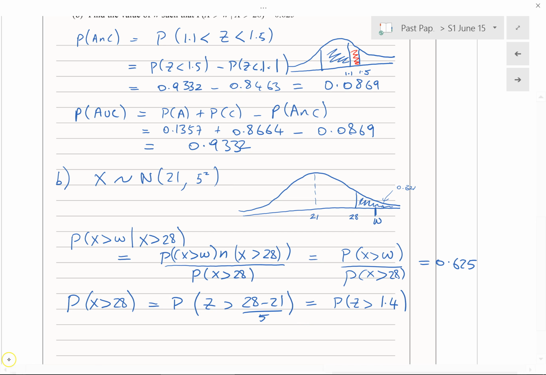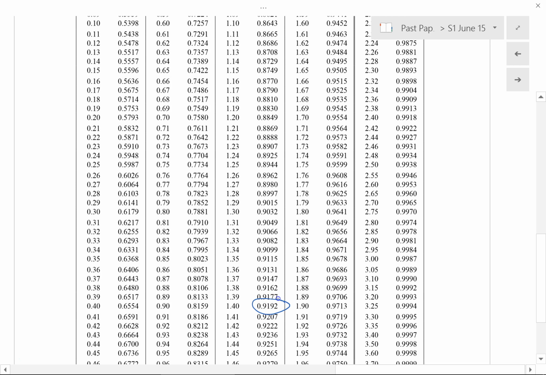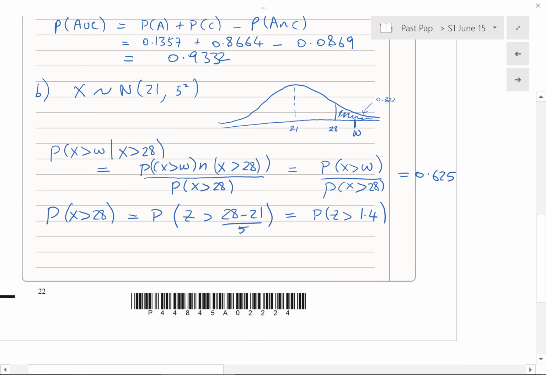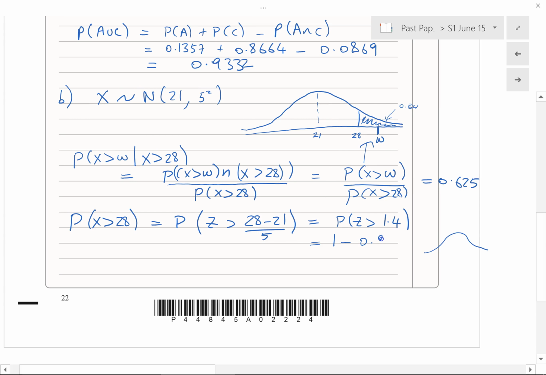Now, reading that number in the tables, I think my tables might have disappeared after that funny event before. I'll just see if I can find them. It's 0.9192. But it's 1 minus that because, as we've just seen, we want the upper end. So that's 1 minus 0.9192, which equals 0.0808.